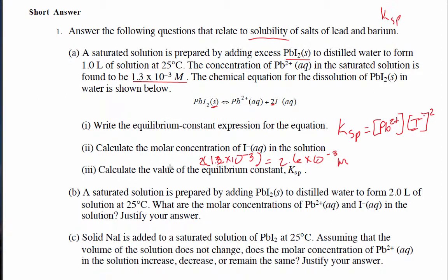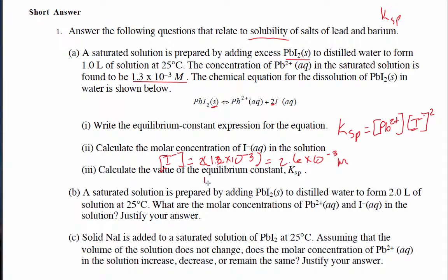Last but not least, calculate the value of the equilibrium constant, KSP. Well, if I have my lead ion concentration and I have my iodide ion concentration, all I need to do now is plug them into my KSP expression.